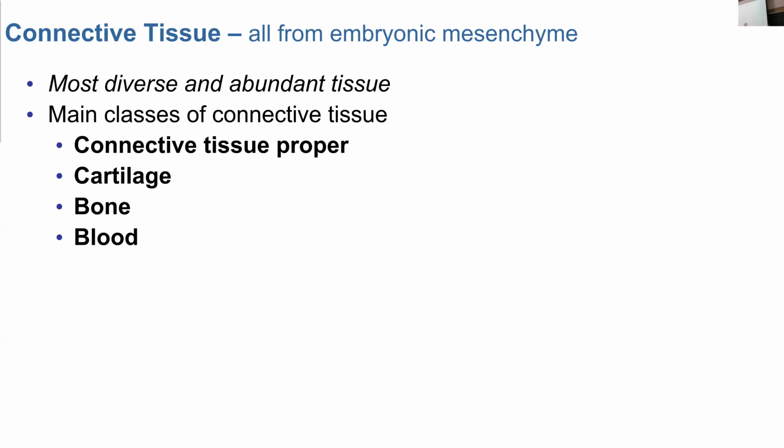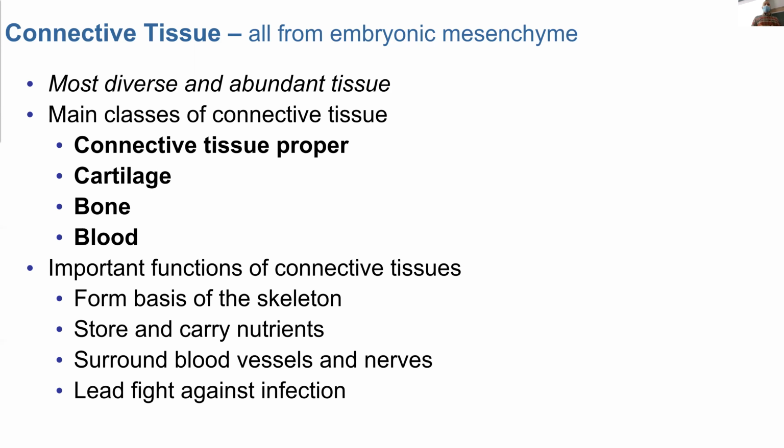We don't think of blood necessarily as being a connective tissue. It has a very different function than these other tissue types, but it's derived from the same cells and has some other properties in common. So it is in fact a connective tissue. And these connective tissues form the basis of your skeleton. They can store and carry nutrients. For example, in the case of your bone tissue, they surround blood vessels and nerves, and so they can protect blood vessels and nerves, providing structure and support for them.